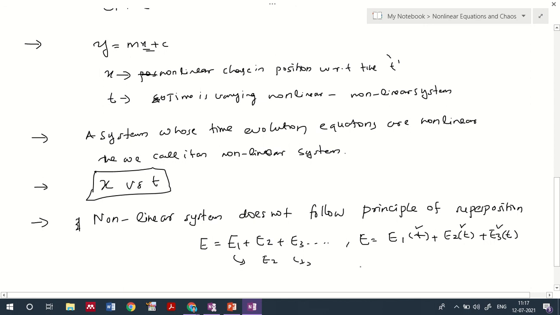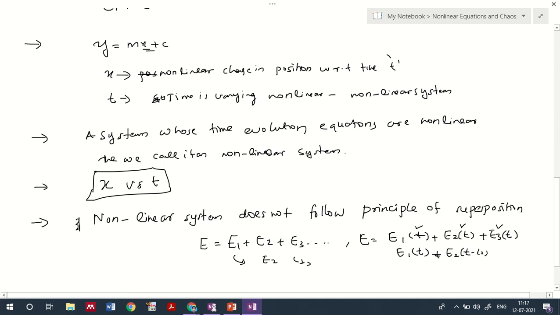But when you consider a nonlinear system, the dependency of the electric field on time, for the first case maybe it behaves linearly, but in the second case the electric field due to the charge q2 will be nonlinear. So we cannot represent it in that way.